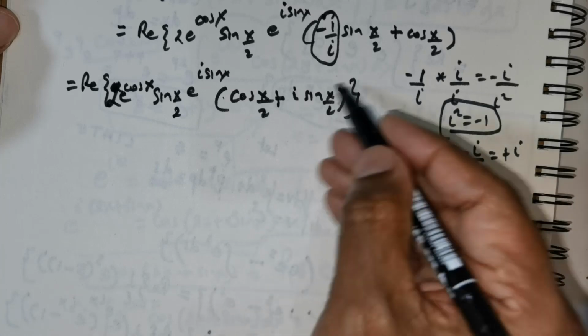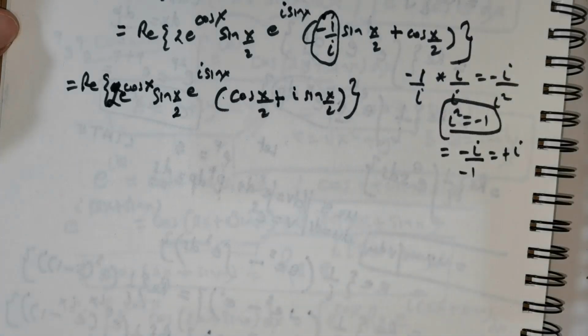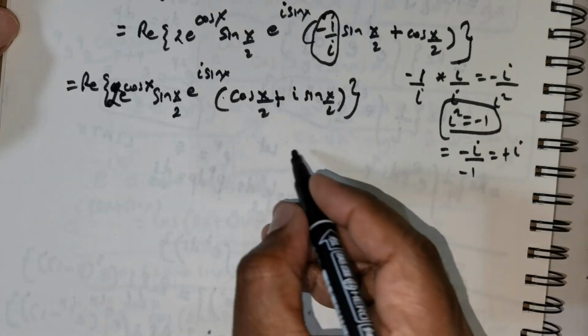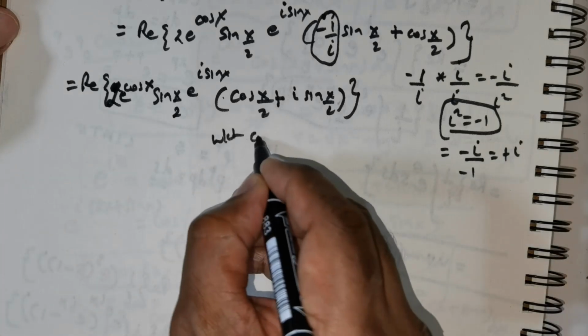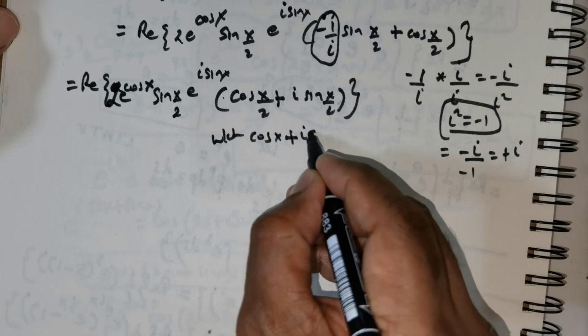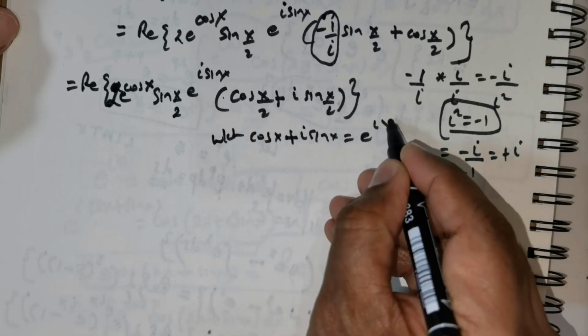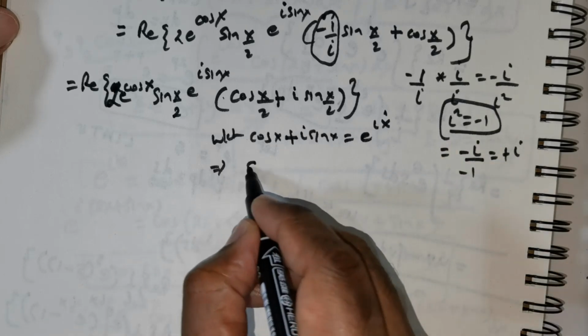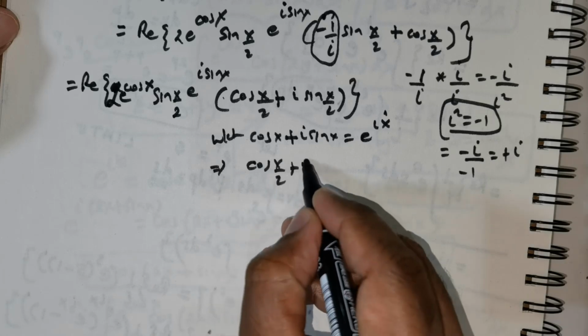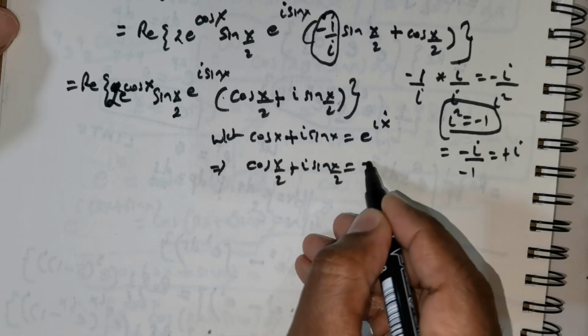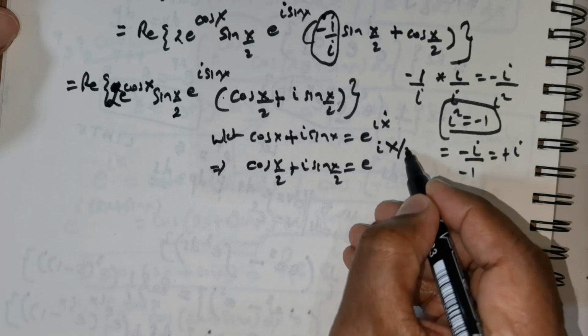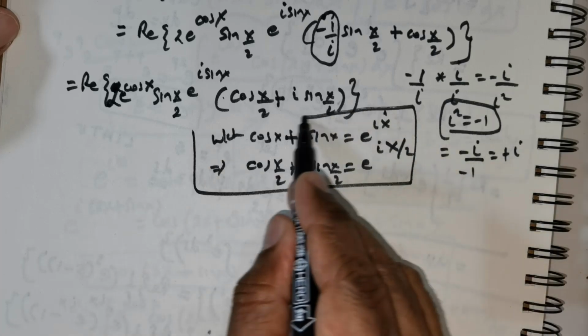So this is what we have got. In fact, I need to place that parenthesis there. Now we know that cos x plus i times sin x is e raised to the power of ix. So this would mean cos of x over 2 plus i times sin of x over 2 is e raised to the power of ix over 2. Do you agree with this?